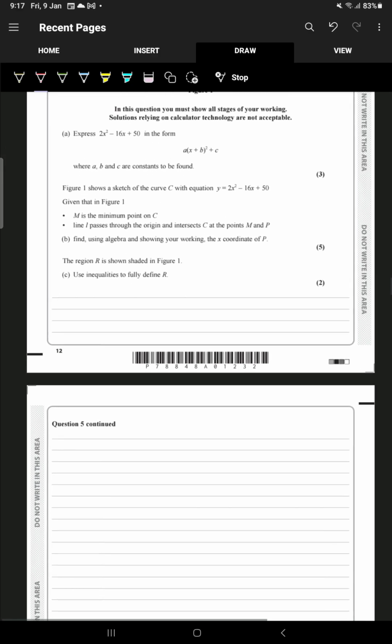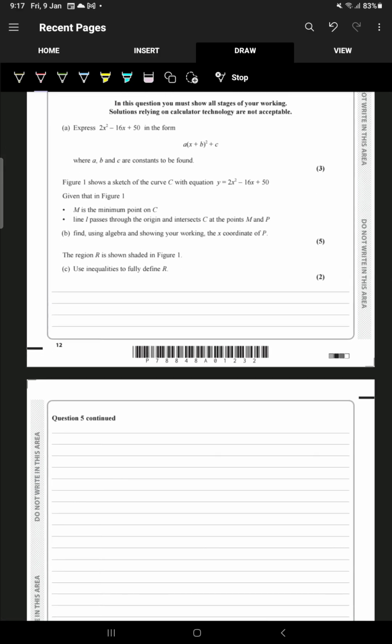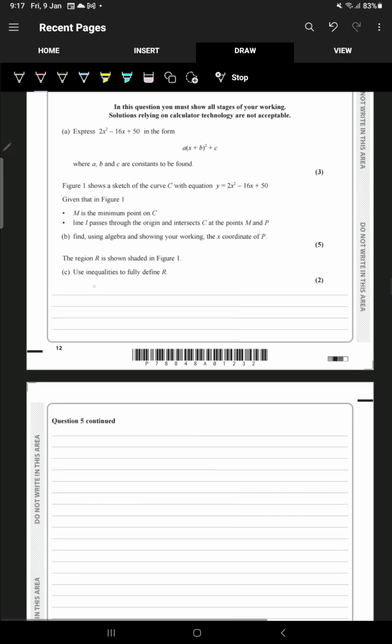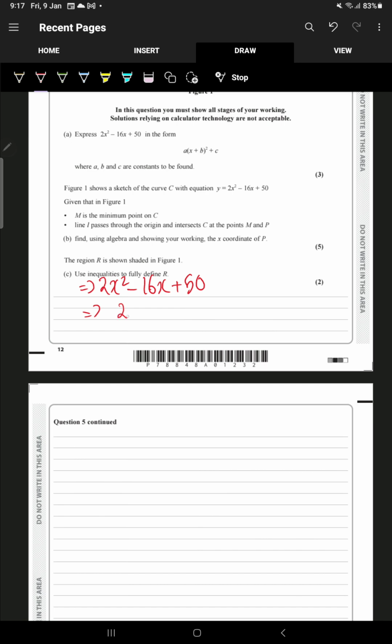All right, express 2x squared minus 16x plus 50 in completing square form. When you do completing the square, make sure the coefficient of x squared is on its own, so you have to factorize it.